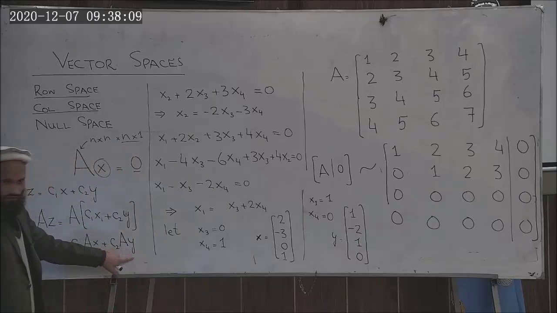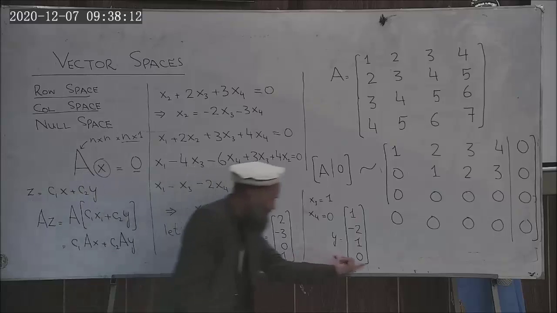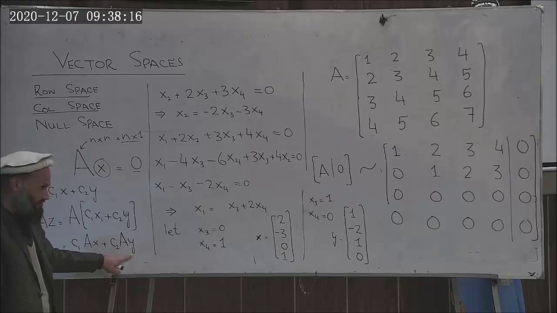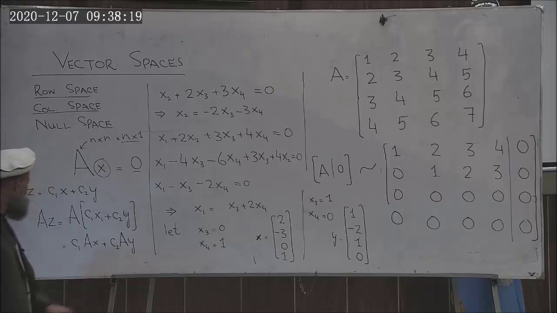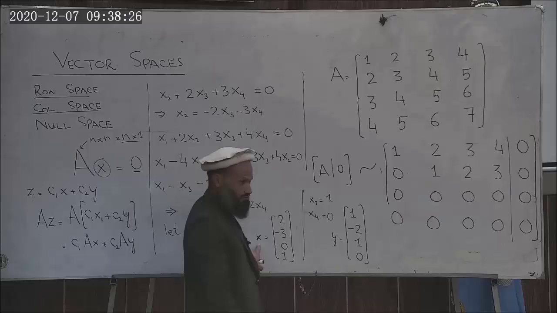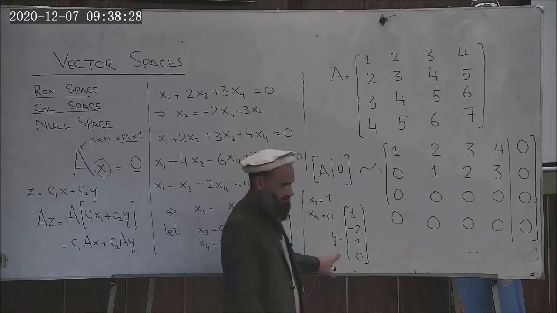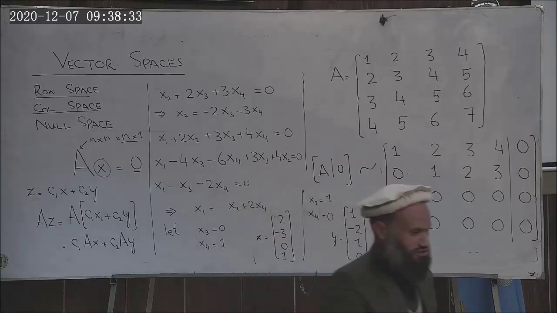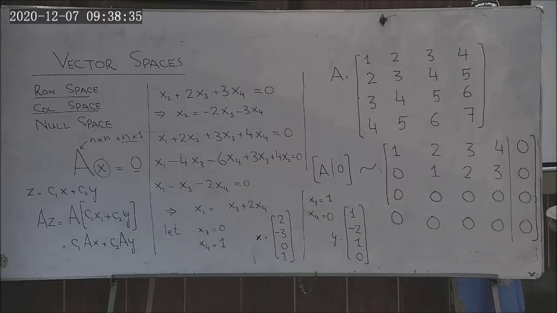What is Ay? 0, because y is a solution to this system of equations. Their sum is equal to 0. It means that z is also a solution. So if x and y are solutions, then any linear combination of these two vectors will also be a solution, and the space spanned by these solution vectors is called the null space.